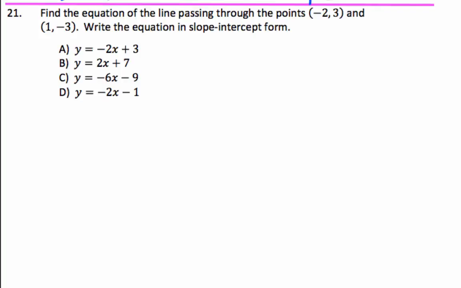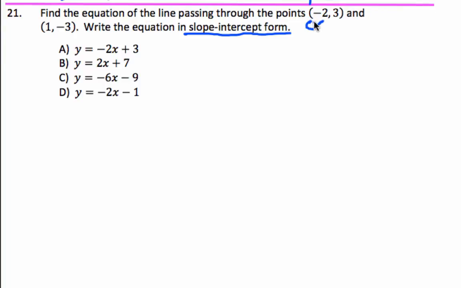Question number 21 asks you to write the equation of a line in slope-intercept form, given 2 points, negative 2, 3, and 1, negative 3 on the line. So we can distinguish these 2 points. Let's call this point the first point. It doesn't matter if this is the first point or the 1 comma negative 3 we call the first point.